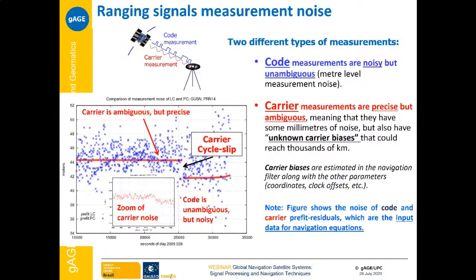These are the cycle slips, and the measurement jumps for an arbitrary number. Then we have very precise measurements, but in order to use these measurements for positioning, we have to repair the carrier phase. Let's say we have to estimate what we call the ambiguity. Ambiguity is the jumps in the carrier. The techniques that I'm going to present are based on carrier and need to fix these ambiguities, to repair this carrier phase.